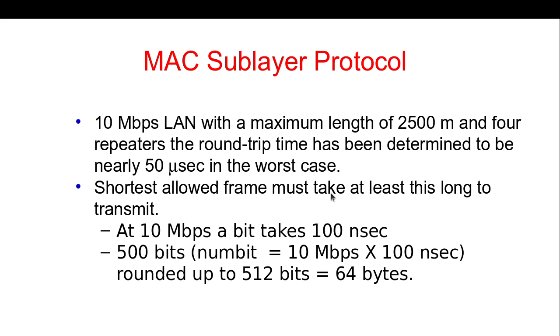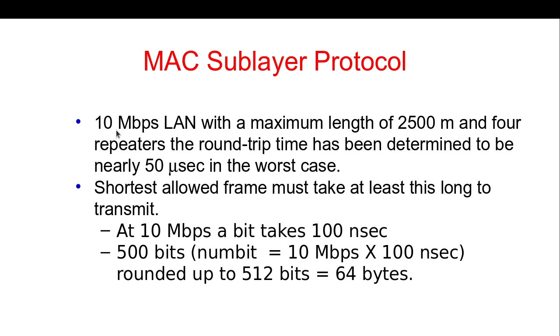So the idea here is that before completing the transmission of the complete frame, the sender must know whether it has been successfully transmitted or collided. Basically, the collision has to be known by the sender before the complete transmission of the frame is done.